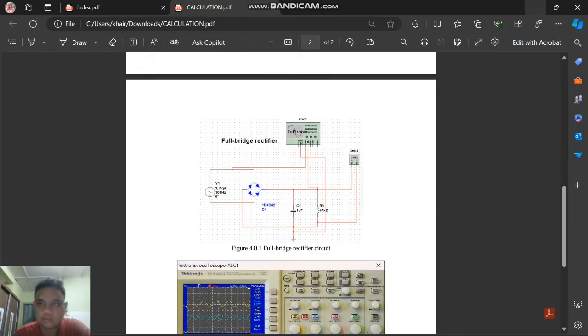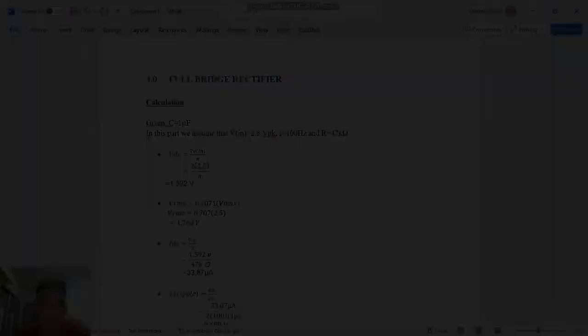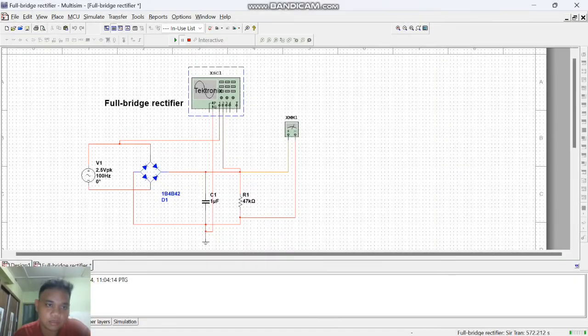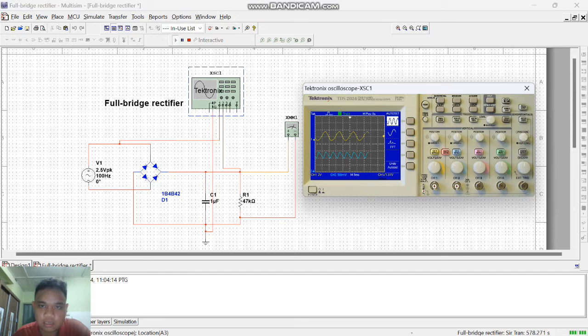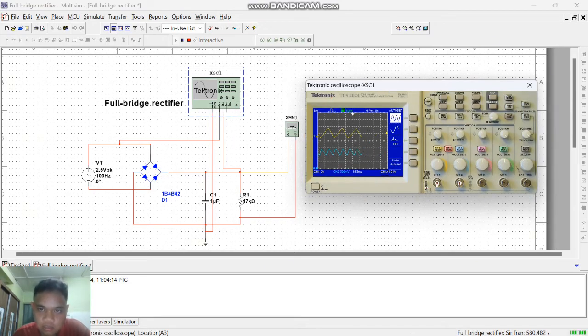Next we go to the demonstration. When we demonstrate, we go to the oscilloscope.